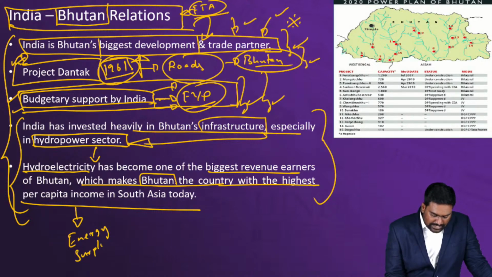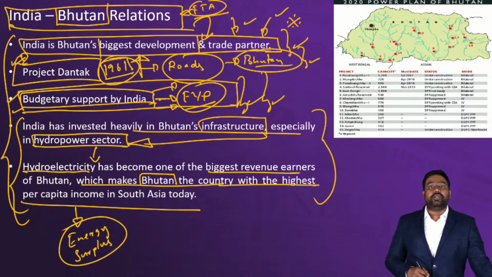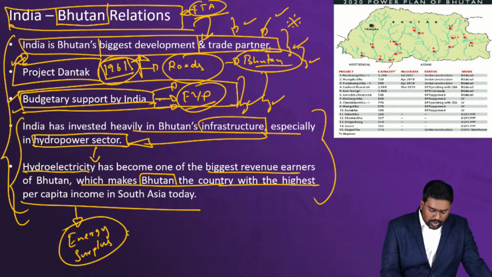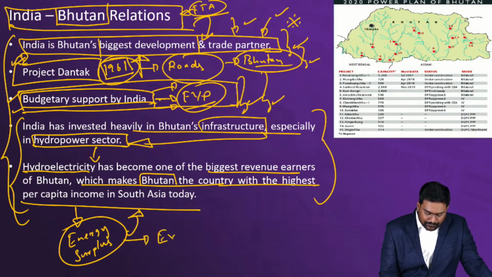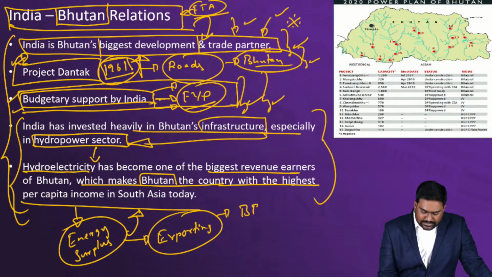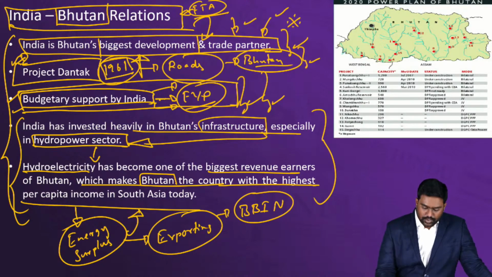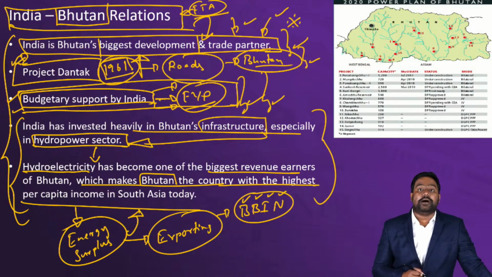At one point, Bhutan was dependent on India's development support. Now Bhutan has become more self-reliant because it is exporting electricity today. India has created an energy trading arrangement with the BBIN countries, with Bhutan, Bangladesh, India and Nepal.